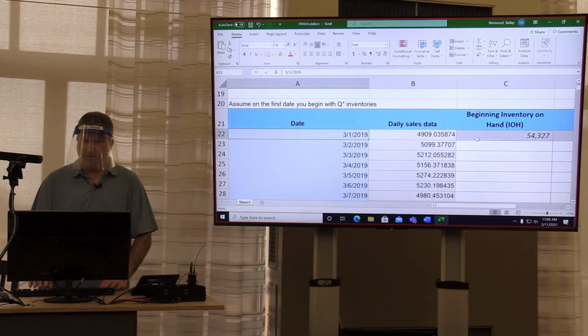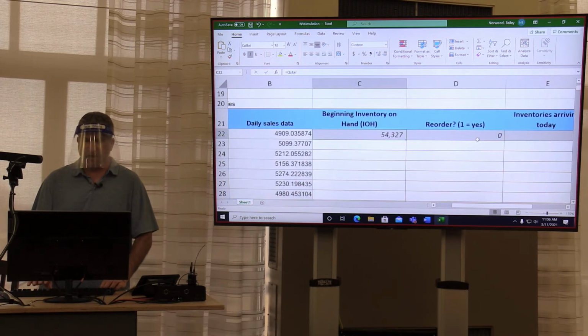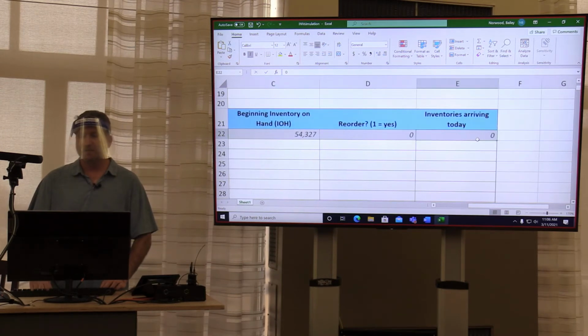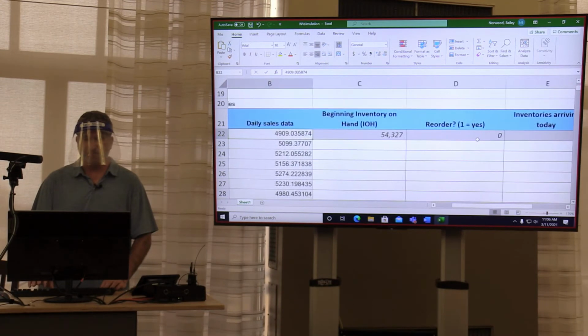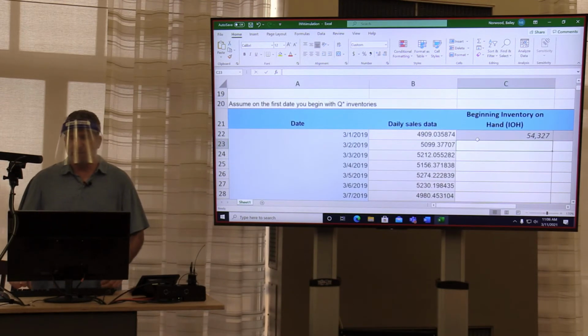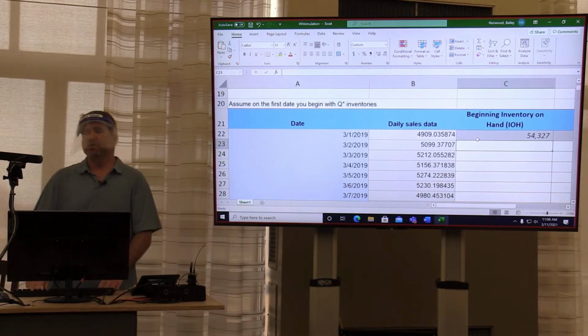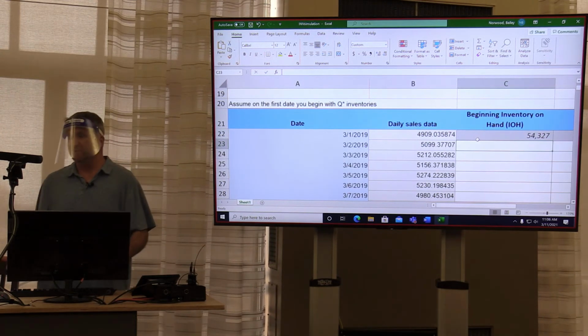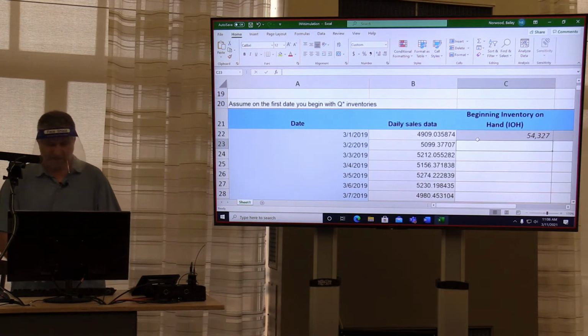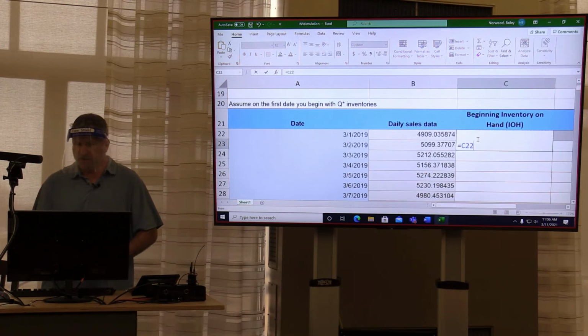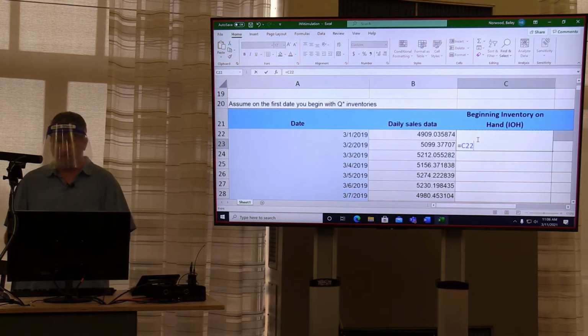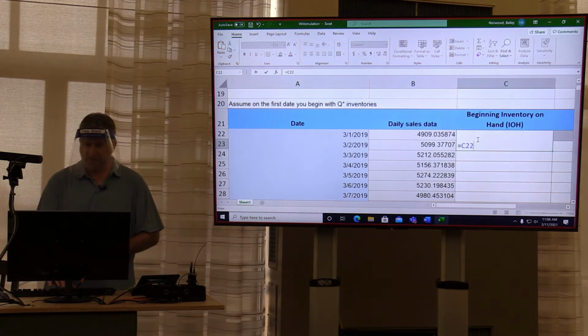So on every day, we're going to say, following our rules, how much inventory will we have? Will we reorder on that date? And are inventories arriving on that date? All right. And if you think through this, okay, on the next day, how much inventory are we going to have? Well, we started out with that 54,000 and something.